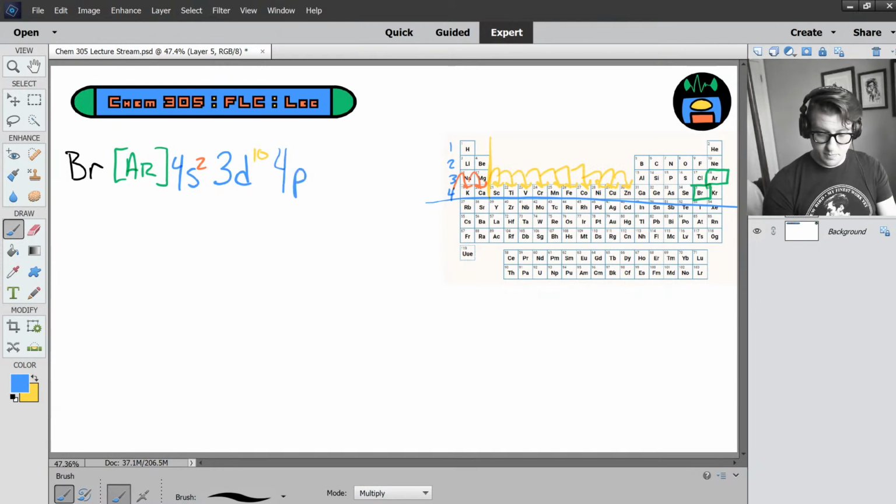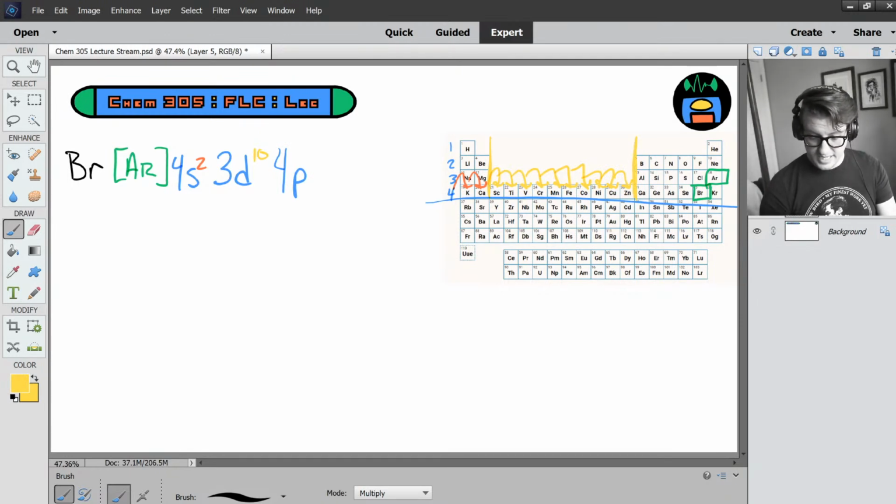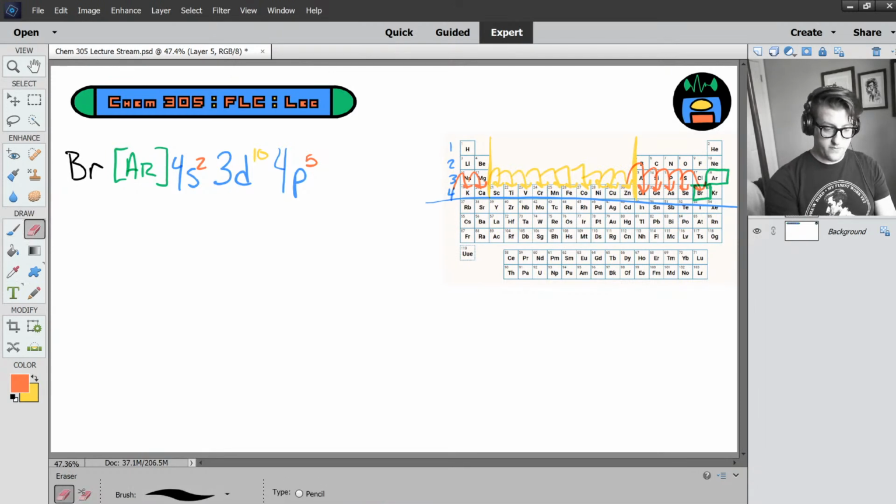Now we have to cross back from the D block into the main group. We just finished our 3D subshell, so now we're going to be filling our 4P subshell. And we move 1, 2, 3, 4, 5 spaces in. So this will be 4P5. All right, that is the electron configuration for bromine.